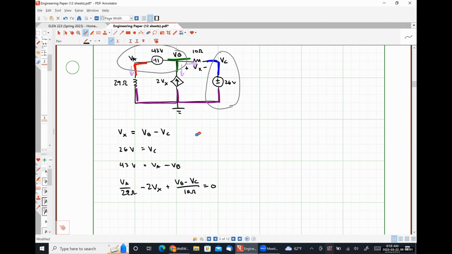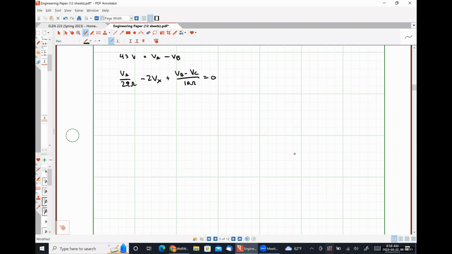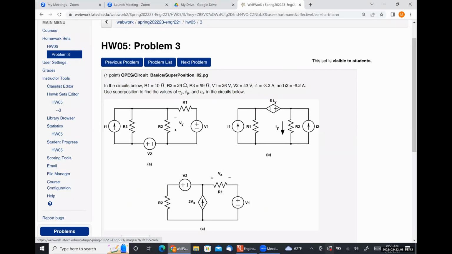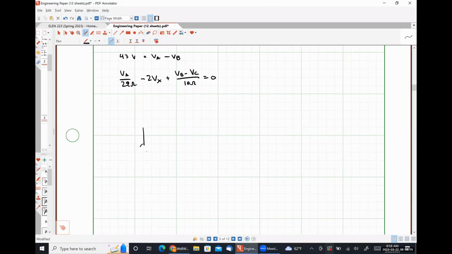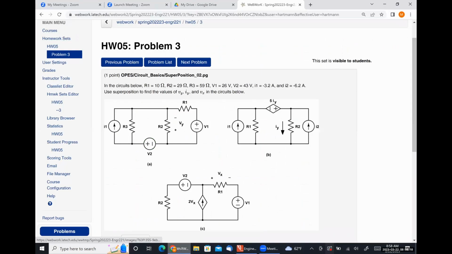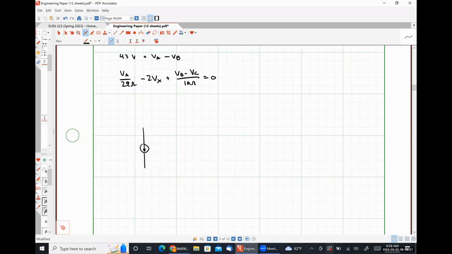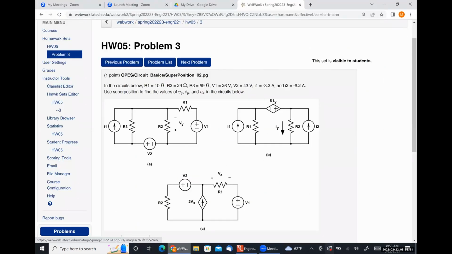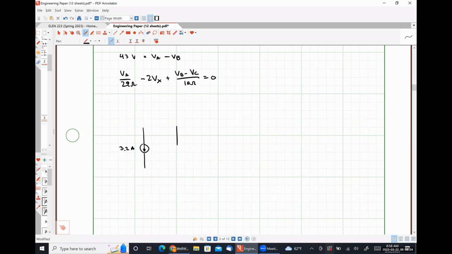Want to take a crack at another thing? Part B on the same question, sure, why the hell not? Yeah, let's see. So I1 is negative 3.2 amps up, so I'm going to draw it as 3.2 amps down because I don't like negative signs. Then we have R1, which was 10 ohms in parallel.